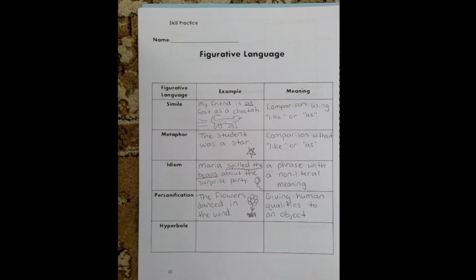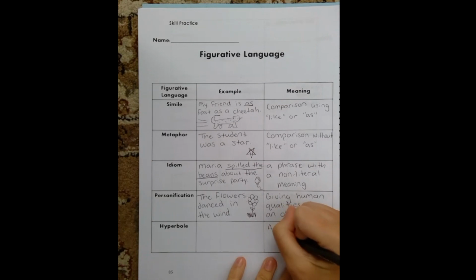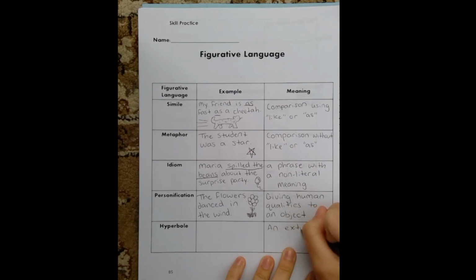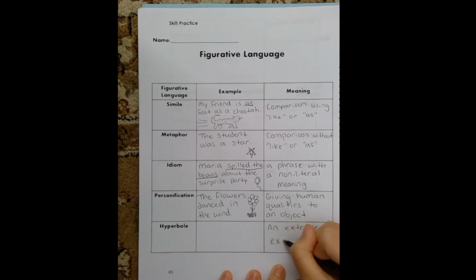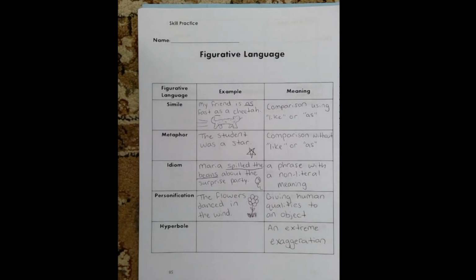This one's kind of my favorite. This is one that we use a lot just in our speech. And a hyperbole is an extreme, extreme means big, exaggeration. An extreme exaggeration. So the example I gave earlier about I'm so hungry I could eat a horse, that's an example of a hyperbole.